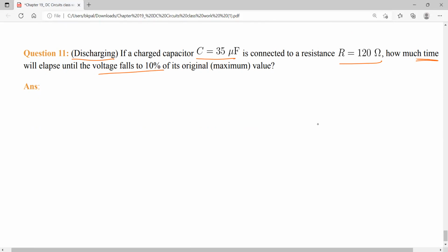When it charges, its voltage is V0, but it asks how long it takes to have a voltage equal to 10% of V0. For discharging, the voltage is V equals V0 e to the power minus t over RC. So find the time when the voltage is 10% of V0.